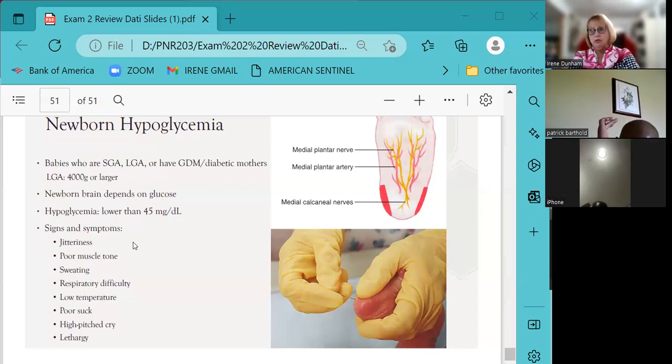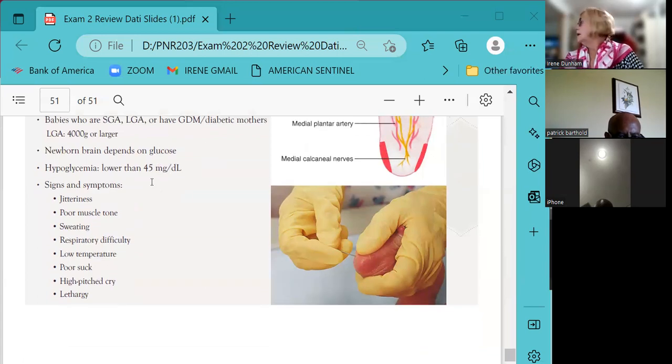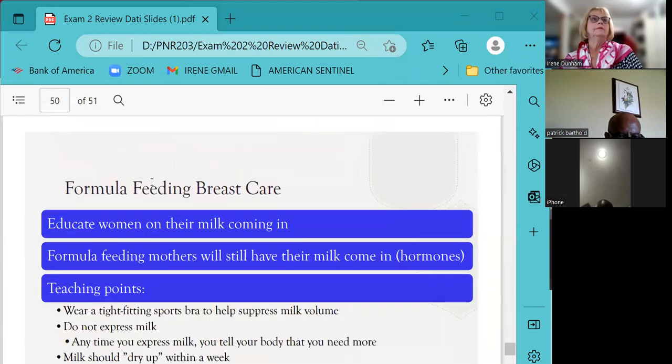A low temperature, and babies that are hypoglycemic have a very poor suck, a high-pitched cry, and they're sleepy. Kind of what people go through when your blood sugar is low, don't you get kind of jittery? Yeah. So they have jitteriness. Okay. So that's hypoglycemia.